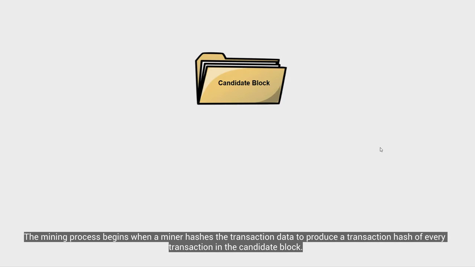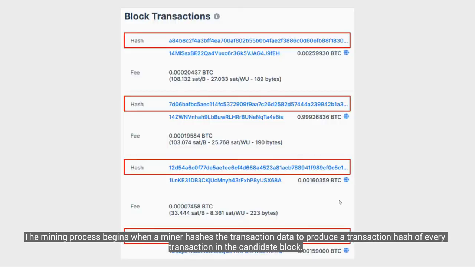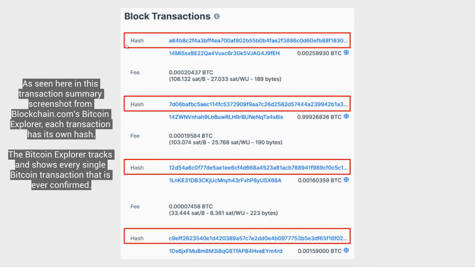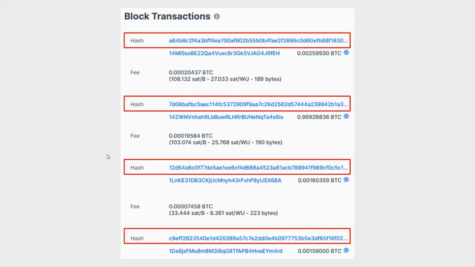The mining process begins when a miner hashes the transaction data to produce a transaction hash. As seen here on Bitcoin Explorer's transaction summary, each transaction has its own hash. This screenshot is taken directly from blockchain.com's Bitcoin Explorer, which tracks and shows every single Bitcoin transaction that is ever confirmed.